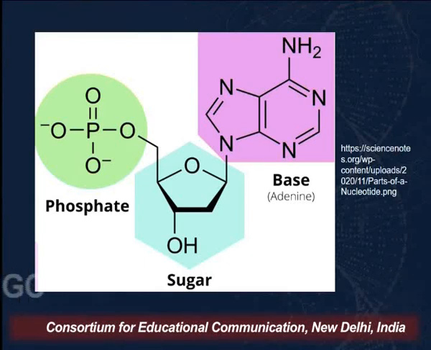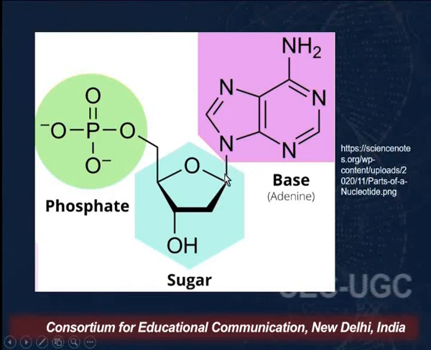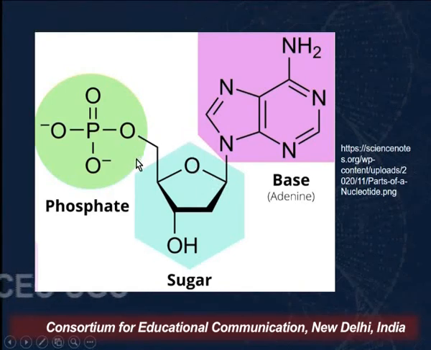And you know that when we do the numbering of the sugars, we number it one from here. To the 1' carbon, the nitrogen containing base, in this case adenine, was attached, and at C5' we have a phosphate group which is attached here. It is forming an ester linkage.